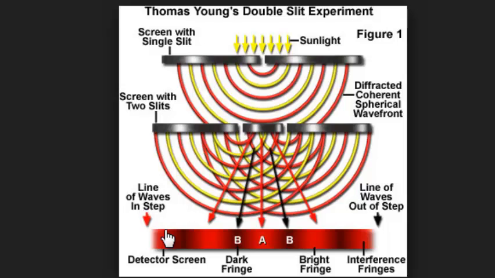The top part of one wave cancels out with the bottom part of another wave, and that's where the dark areas come from, and you end up with alternating bands of light and dark. That's another way to say, oh, look, light's a wave. If we could explain all experiments that way, it would be fabulous. Unfortunately, we can't.